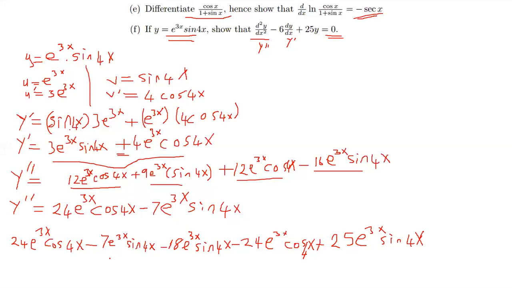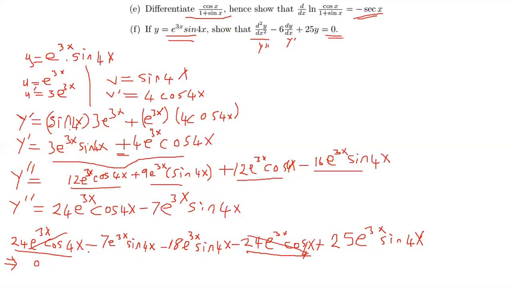So you can see that this part here, when you add it with that part there, they are giving us a 0 already. So this and that gives us a 0.